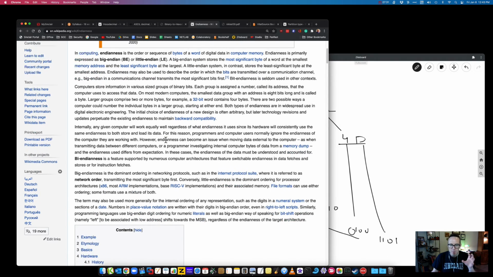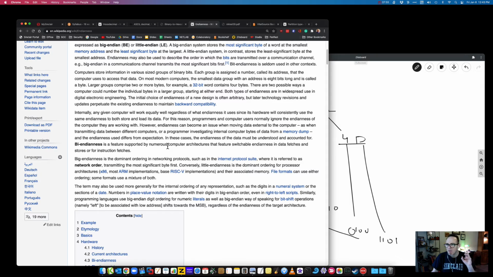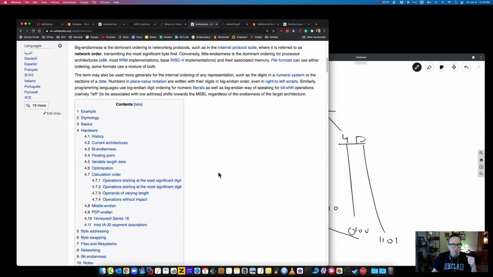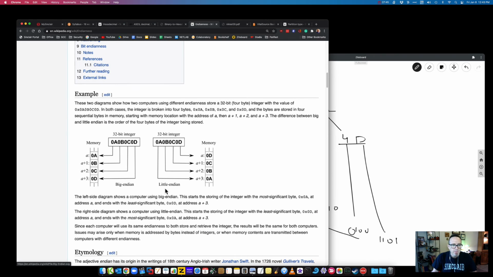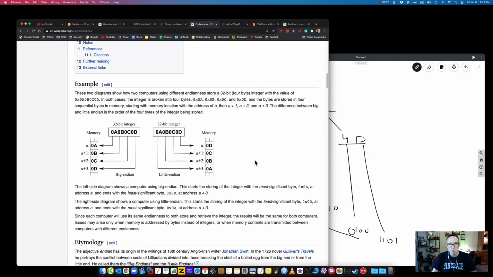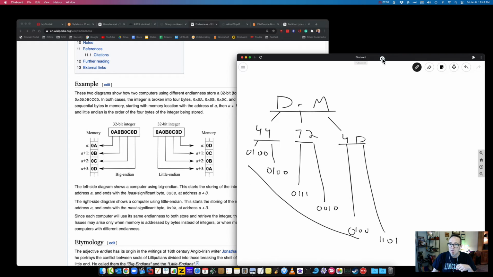For example, Intel or x86 architecture, I think, uses Little Endian, and Big Endian is used by other architectures. It's important to know that, because if you want to read stuff in a hex editor, it's important to understand the endianness of your system.